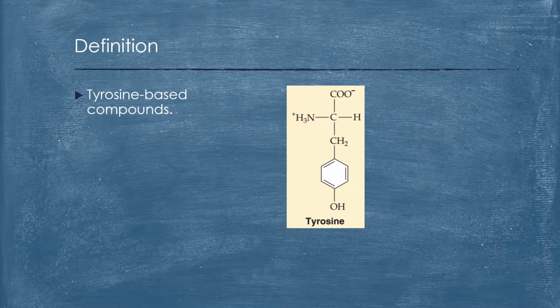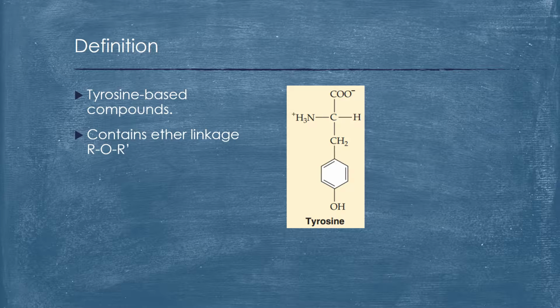Thyroid hormone is actually a peptide hormone, and it is a tyrosine-based hormone, or iodinated tyrosine-based hormone. So it is a tyrosine-based compound. Tyrosine is an amino acid, and it is characterized by the presence of a benzene ring. It contains ether linkage.